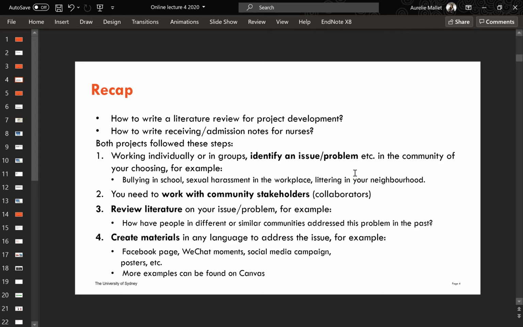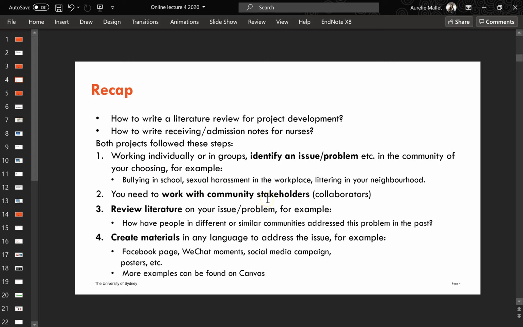So there are different types of literature reviews, and there was literature lacking about how to write one specifically for project development. Then, in regards to the nursing notes, they found that what was happening in actual hospitals wasn't aligned with what the profession needed them to do.